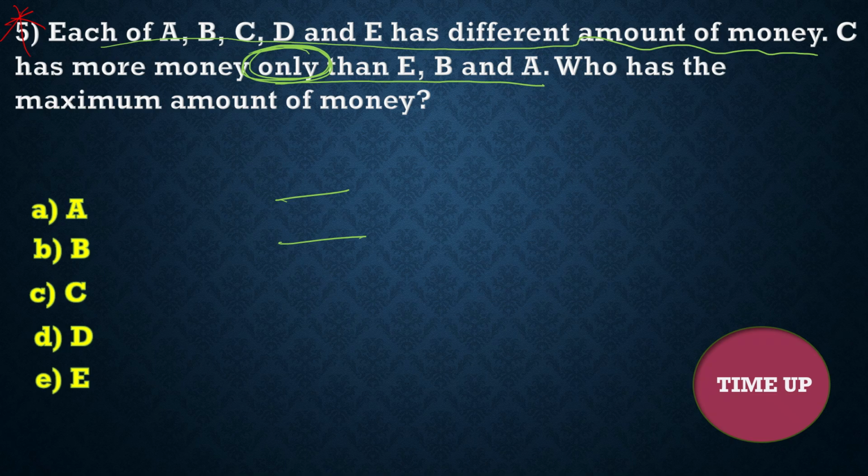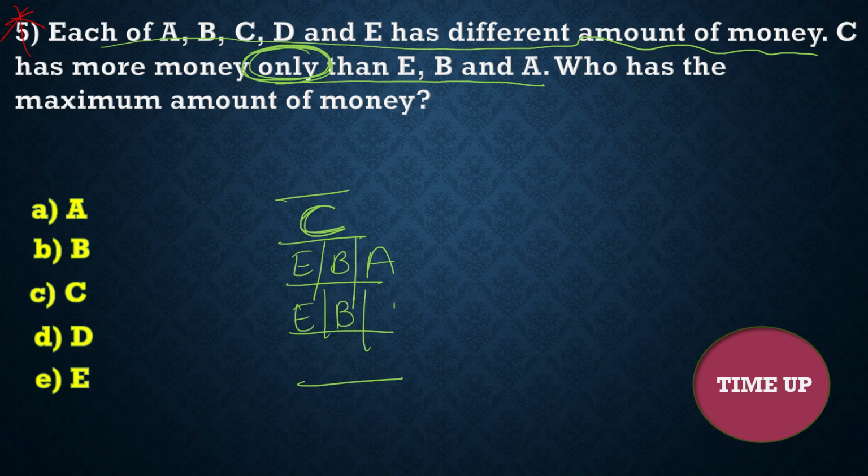A, B, C, D, E. So C has more money only than E, B and A. So C will be placed here, but we don't know where E, B, A can be placed, because much information is not given about them, so E can be placed here, B can be placed here or A can be placed here.